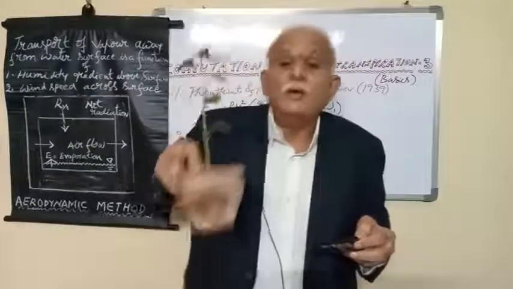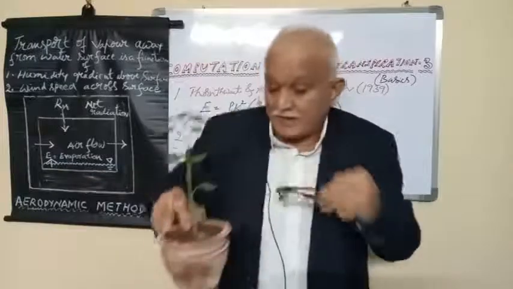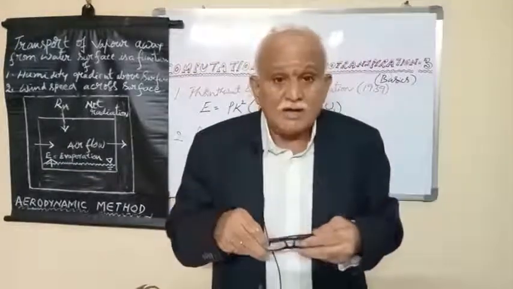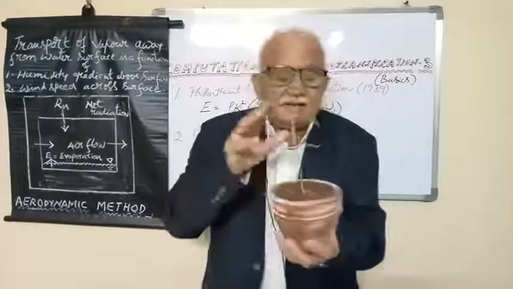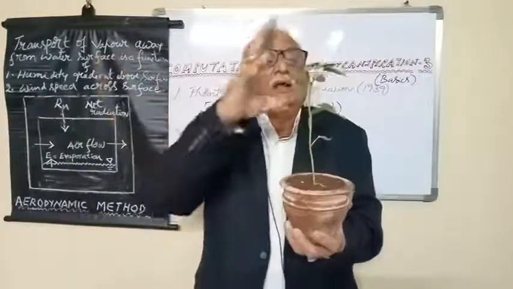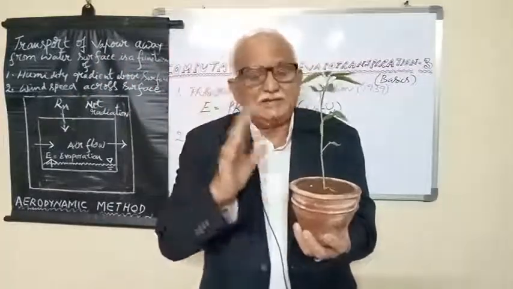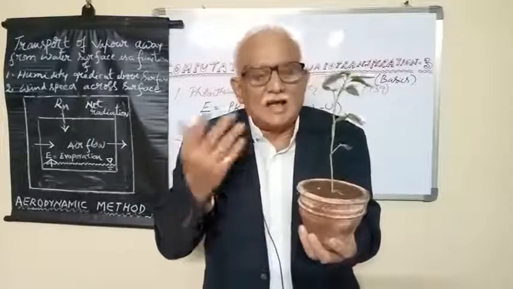Crop lives in two environments, the soil environment and the air environment. So aerodynamics is very, very important because the crop is in its aerial parts. Any object which is in the air faces the dynamics of the air. That's what we call aerodynamics.